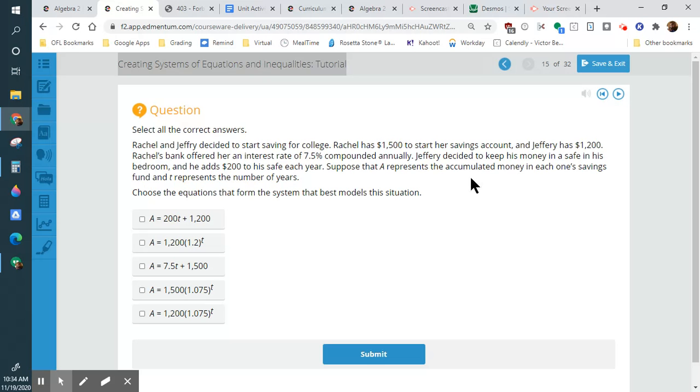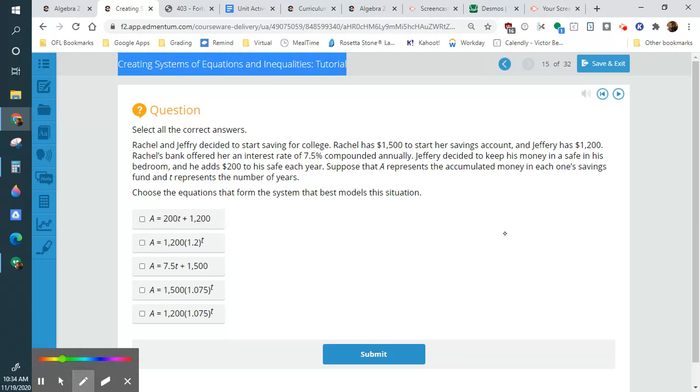Suppose A represents a function of savings in this year. So we have two different functions. What's happening here is Jeffrey has a constant rate. His is a line.